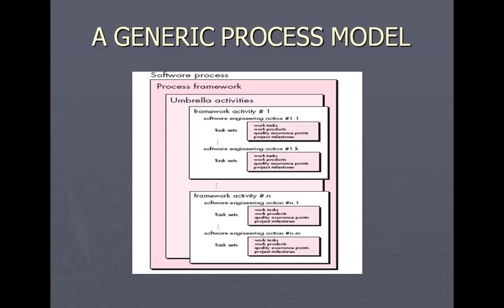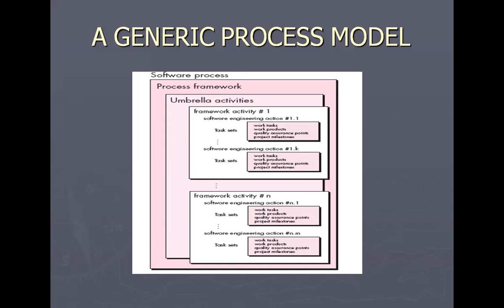These five generic framework activities can be used during the development of small programs, the creation of large web applications, and for engineering of large complex computer-based systems. The details of the software process will be quite different in each case, but the framework activities remain the same.